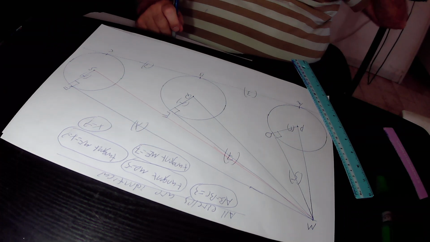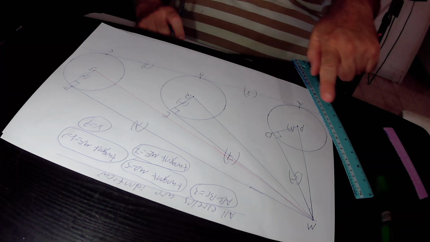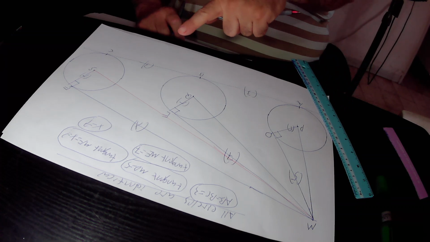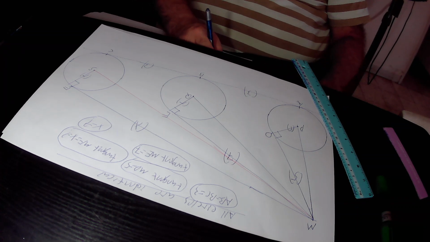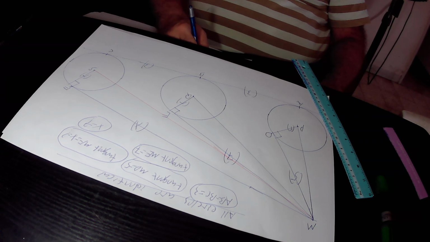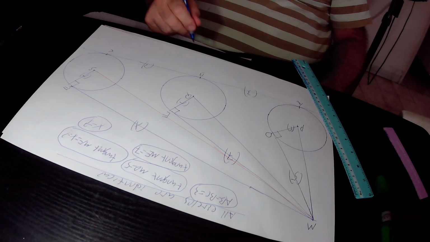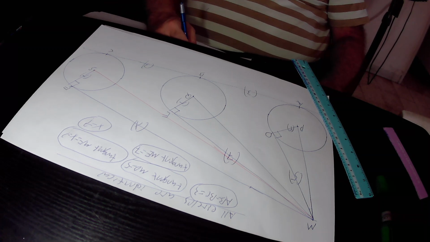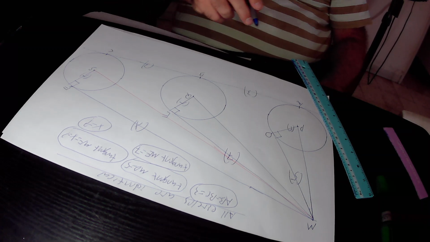According to the Pythagoras theorem, in this right triangle SMF, MS squared, that is the square of the hypotenuse, is equal to SF squared plus MF squared.